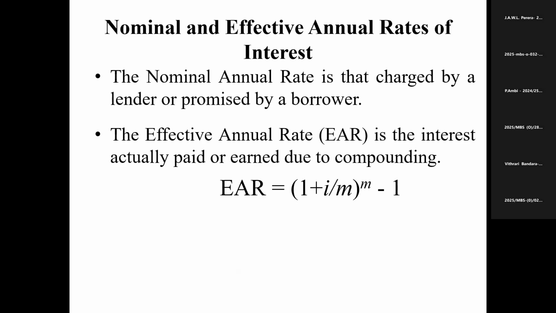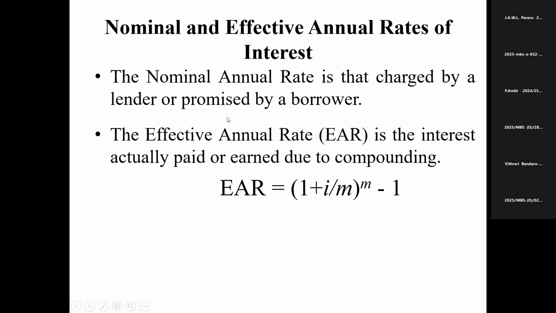But the effective interest rate is different from the nominal interest rate. What is the effective interest rate? The effect of compounding frequencies on the nominal interest rate is called the effective interest rate.